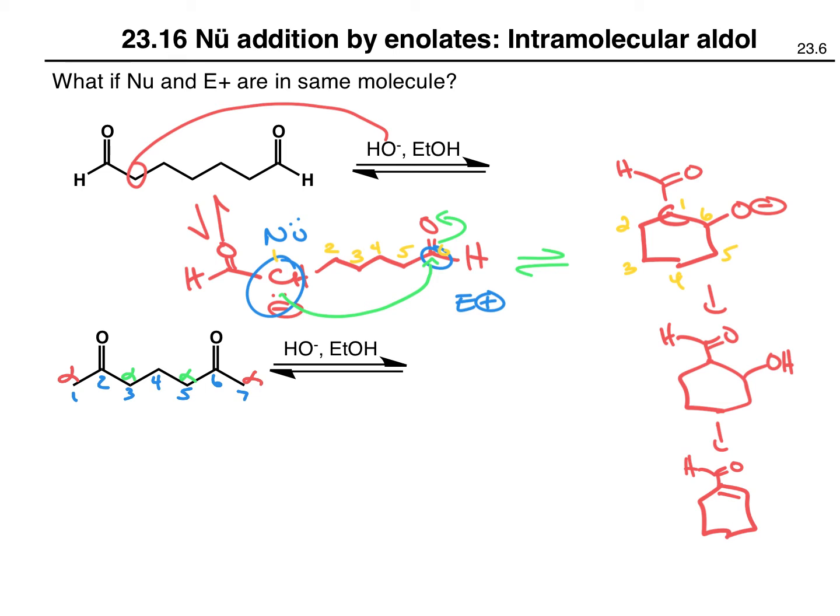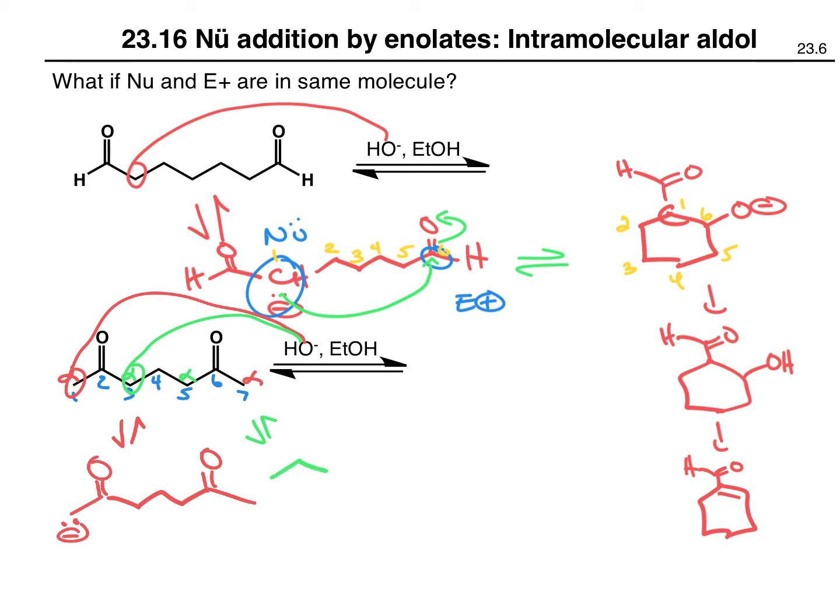So hydroxide could potentially deprotonate one of the hydrogens at the red alpha position, and that would lead to this enolate. Or the base could deprotonate one of the protons at the green alpha position, and that would lead to this enolate.